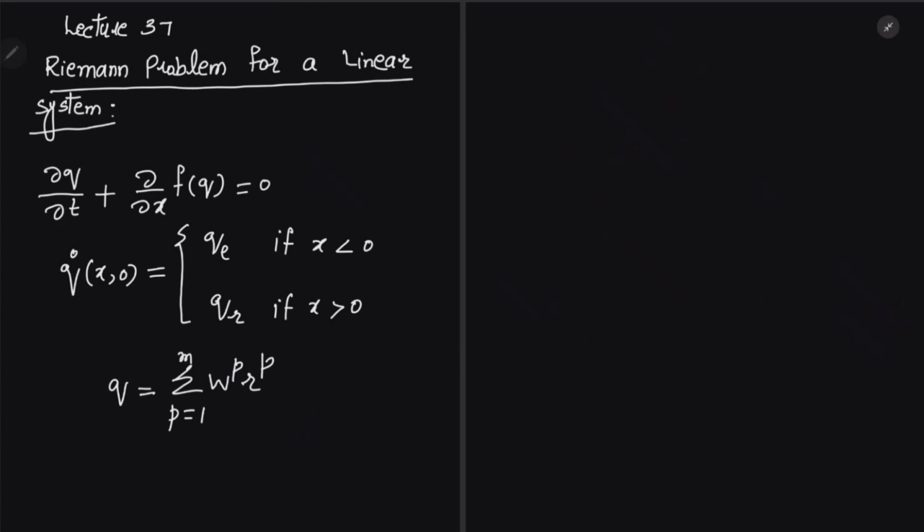This was the solution when we have a continuous problem. If we have a discontinuous problem, the left side, q left, will be equal to the sum over p equal to 1 to m of w_p^l r_p.